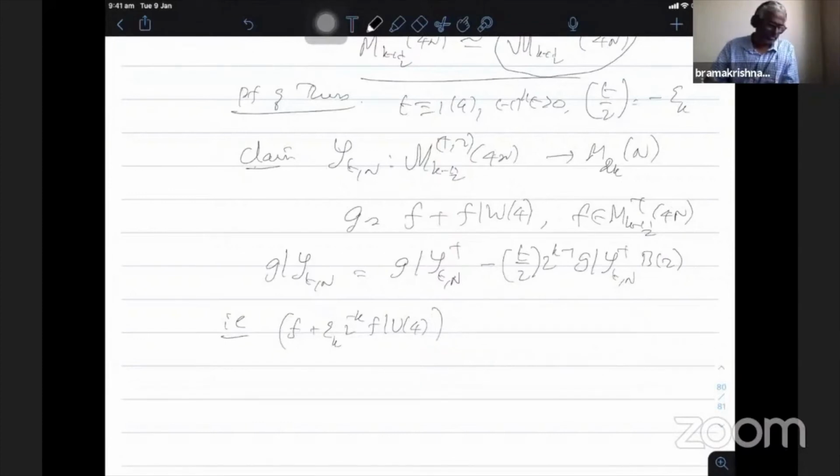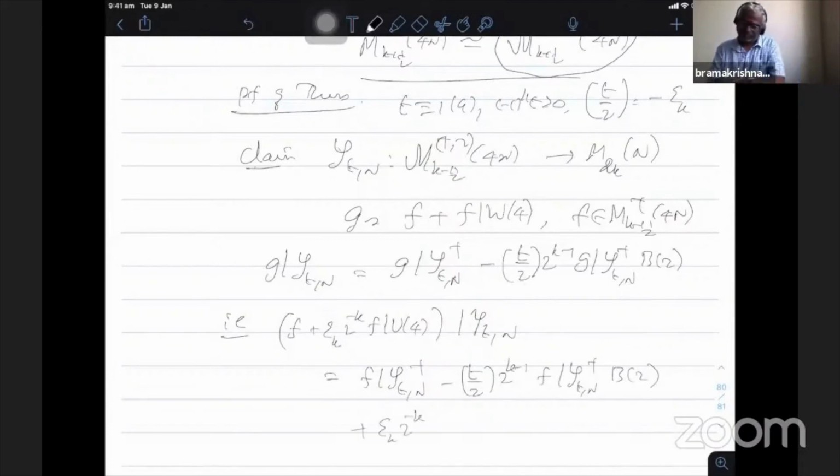Okay, bar S_{t,N} is, I apply this for each one. So f bar S_{t,N} plus or minus (t by 2) 2^{k-1} f bar S_{t,N} plus bar B2, plus epsilon k 2^{-k}. This one commutes with the S_{t,N}, so it goes to U2 there.